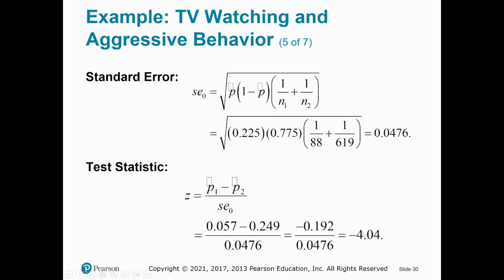I mean, it happens to be very small, but the magnitude is large. So the left tail probability of this thing is minuscule, which means the p-value is going to be minuscule. You don't have to actually calculate the p-value. It's going to be minuscule.